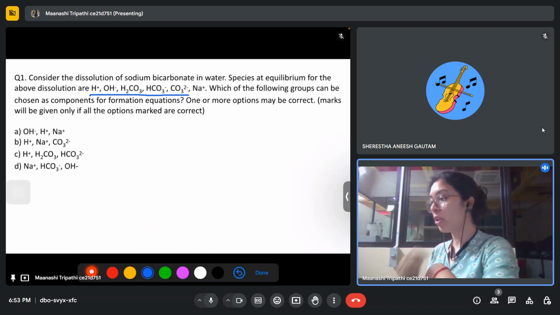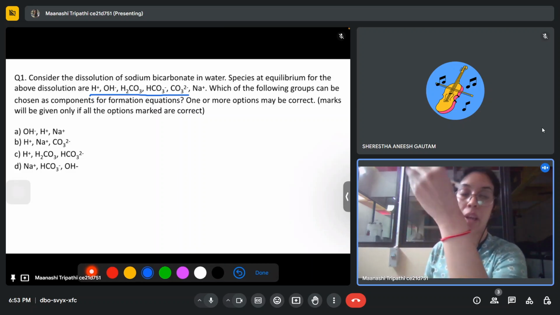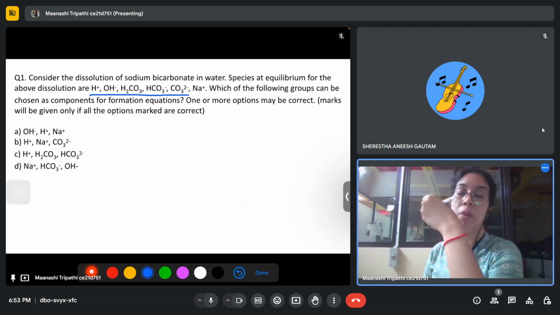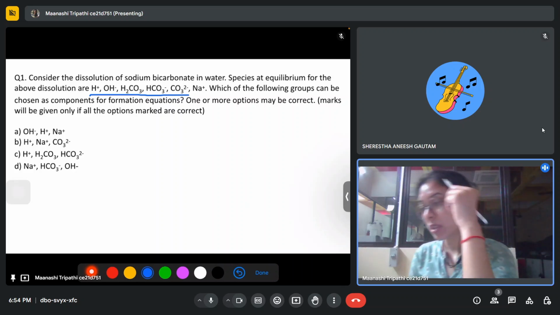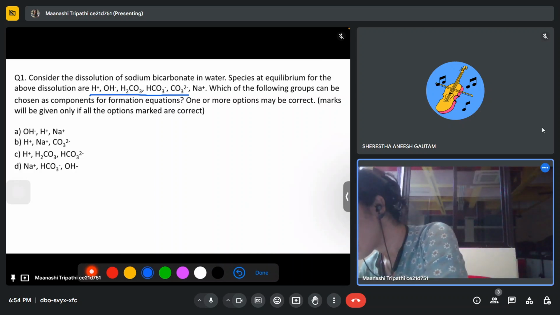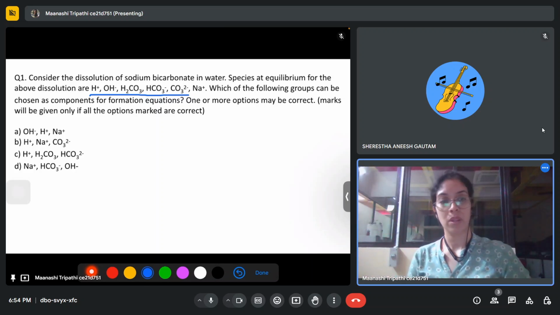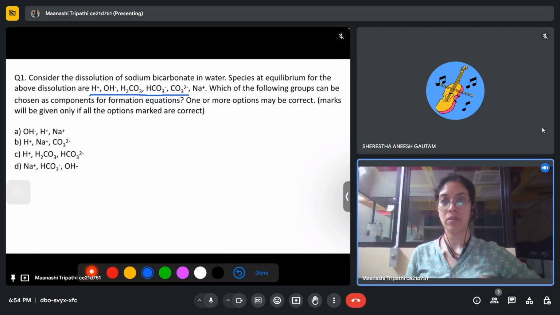Which of the following groups can be chosen as components? There can be many groups of components, right? What is a component? The minimum number of building blocks that can be used to form all the species. That is called a component. So please try to find the answer for this question.